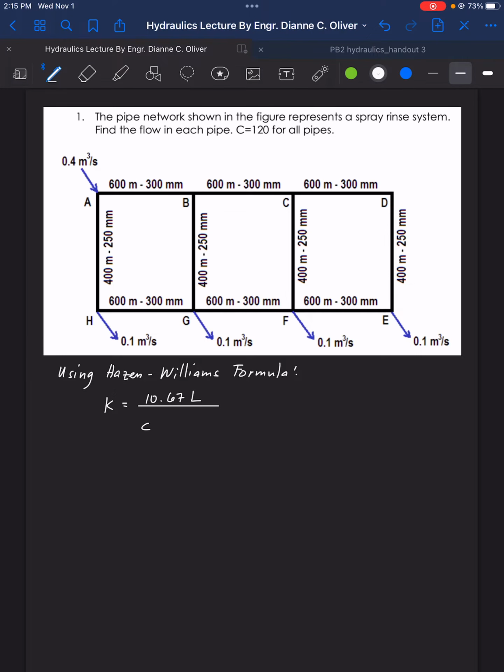That is C raised to 1.85 and then D raised to 4.87.